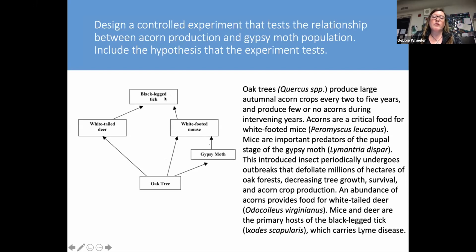That's pretty critical for your hypothesis. And then we'll talk a little bit about how we could design an experiment. So take a minute to think about it. I've got the information both from the sample food web we saw, as well as that paragraph up on your screen. Think about a good hypothesis and what your independent variable and dependent variable might be.